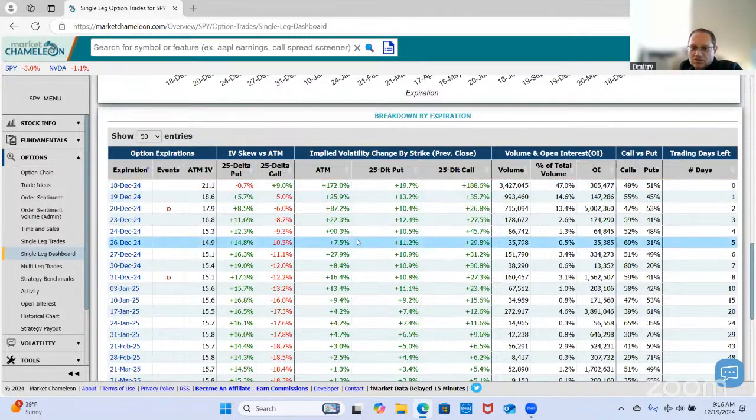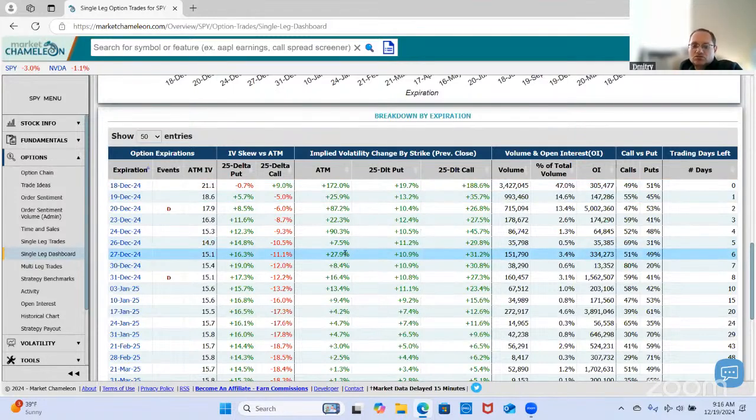So in this case, the at the money implied volatility was up 27.9%. The put implied volatility was up 10.9%, and the call implied volatility was up 31%. So even though the skew looks like it's to the downside, the premium is to the downside, the relative change was that the calls increased by a bigger percentage.